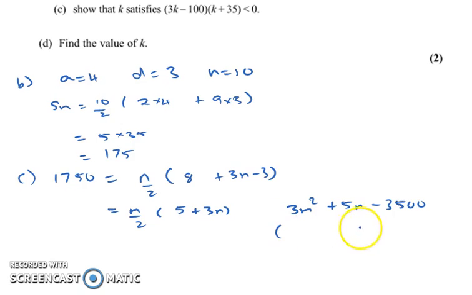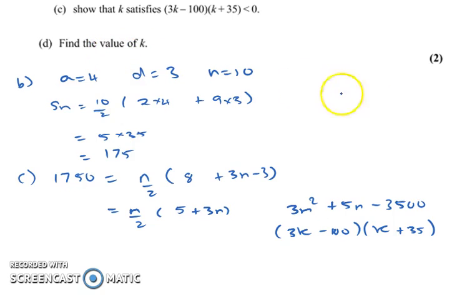This factorises, if you persevere, to (3k minus 100)(k add 35). Bear in mind we were given this in the question, so it wouldn't have taken a rocket scientist to be able to work out that this factorises into these two brackets.